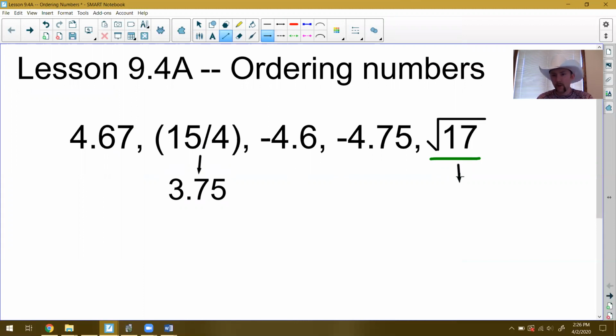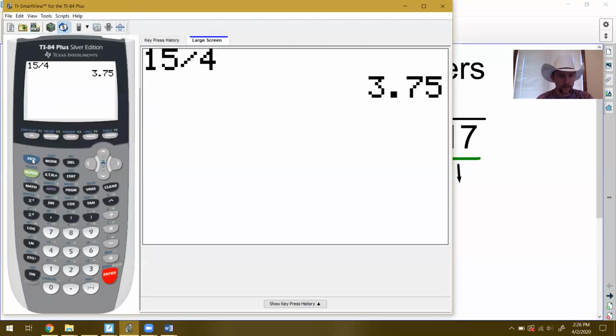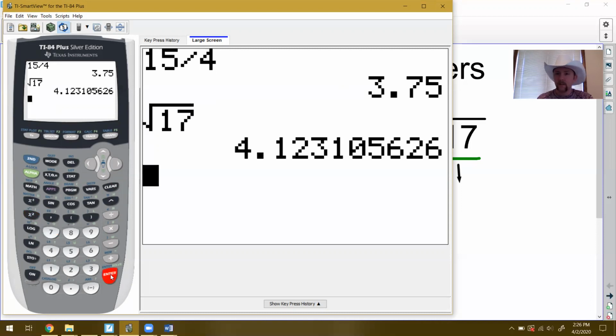I'm going to turn that also into a decimal version, but you're going to notice something about the decimal version of this number, square root of 17. If I do the square root of 17 and then hit enter, it shows up as 4.12310566 on my calculator.